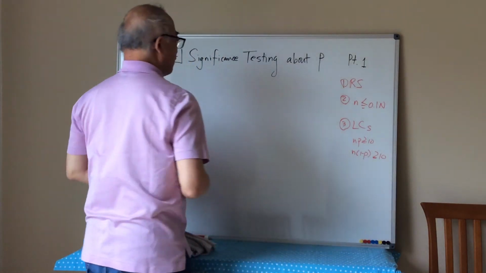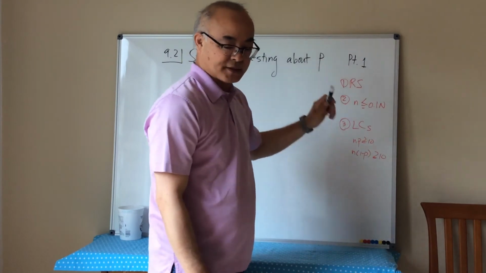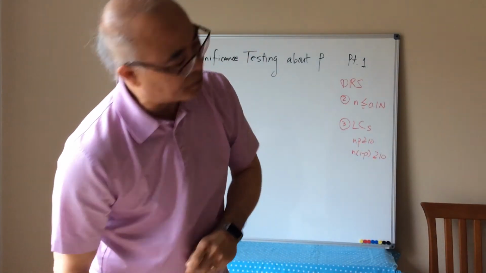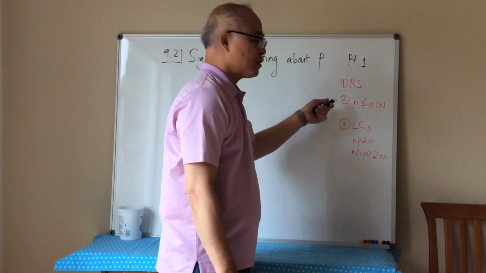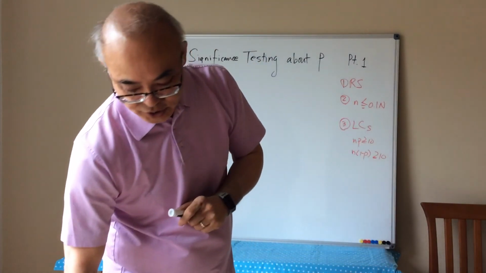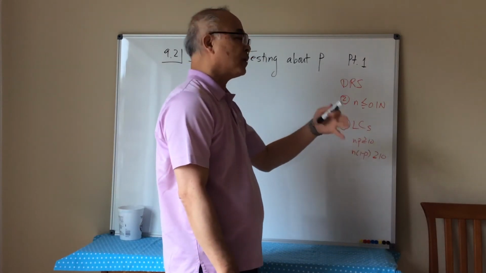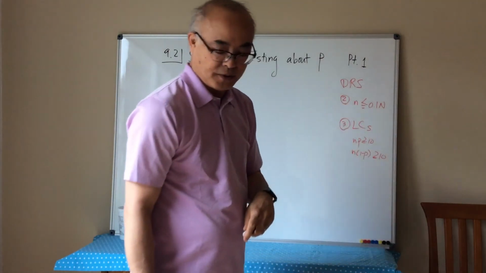Okay, so let's look at our conditions. Is it a random sample? Yes. He said that they did a random sample of 200 students, right? And it said it was a large high school, and the n was 200, so we're going to assume that there were more than 2,000 students in that high school.